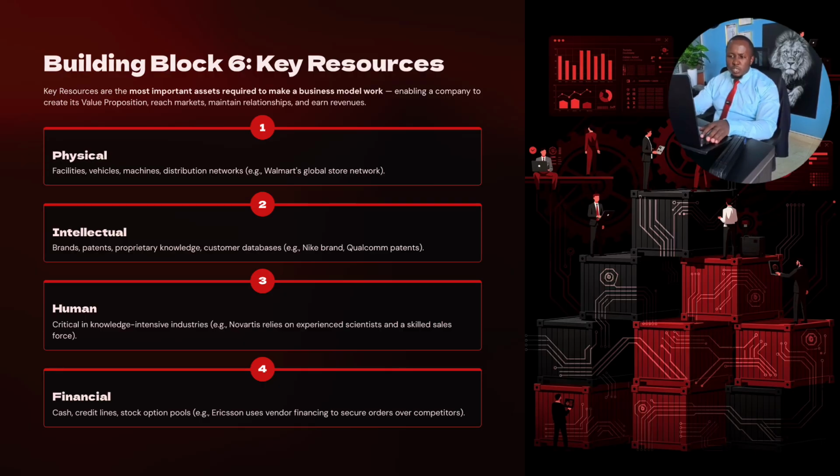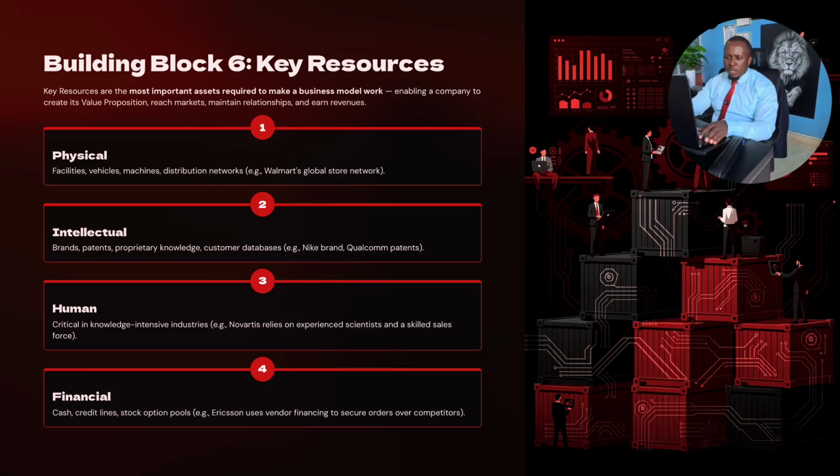Now let's proceed to the sixth building block, which is key resources. Now for key resources, these are the most important assets required to make a business model work. They enable a company to create its value proposition, reach markets, maintain relationships, and earn revenues.